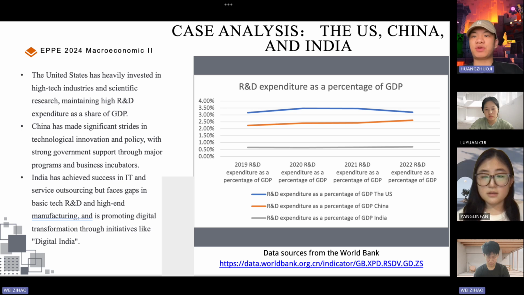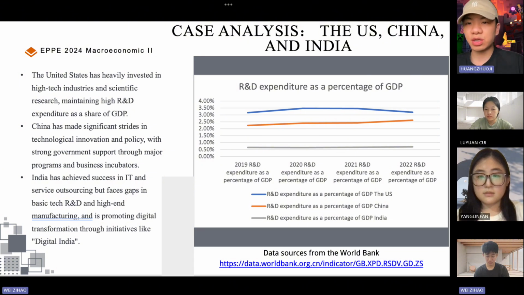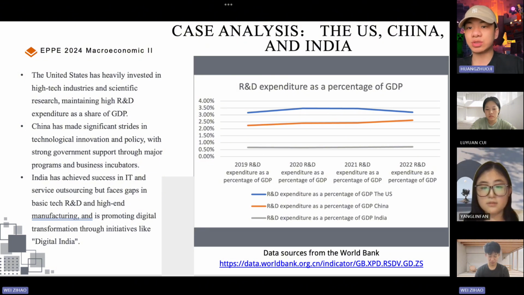China has made scientific strides in technological innovation and policy, with strong government support through major programs and business incubators. India has achieved success in IT and service outsourcing, but faces gaps in basic tech R&D and high-end manufacturing, and is promoting digital transformation through initiatives like Digital India.